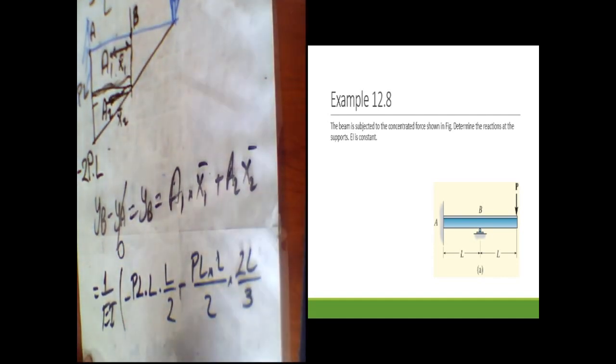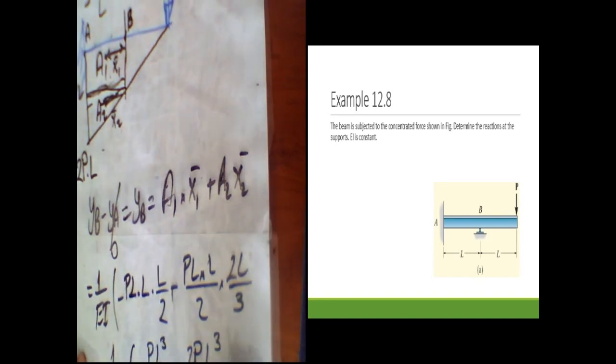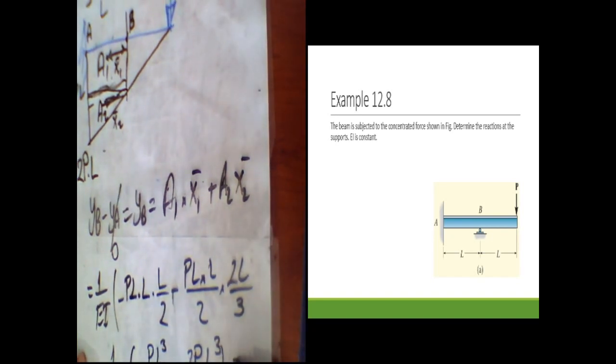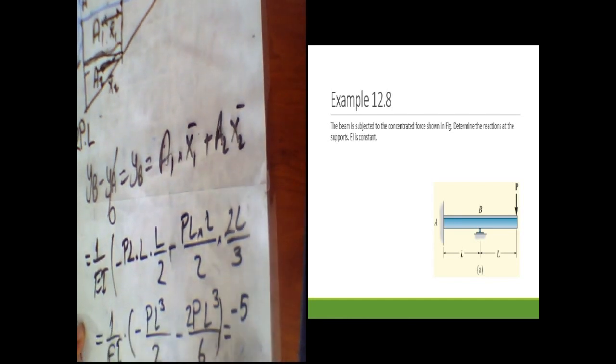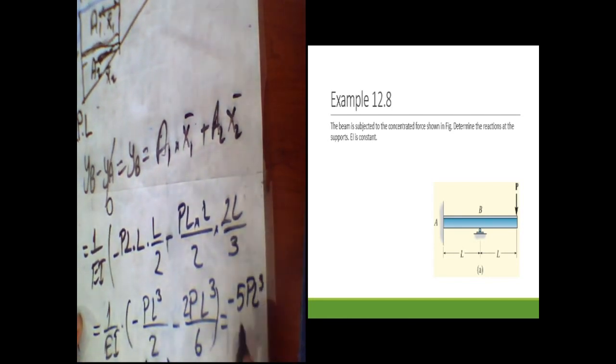So if I sum these terms, 1 over EI times minus PL cubed over 2 minus 2PL cubed divided by 6. If I combine this, I have to multiply by 3, and this is equal to minus 5PL cubed divided by 6EI.